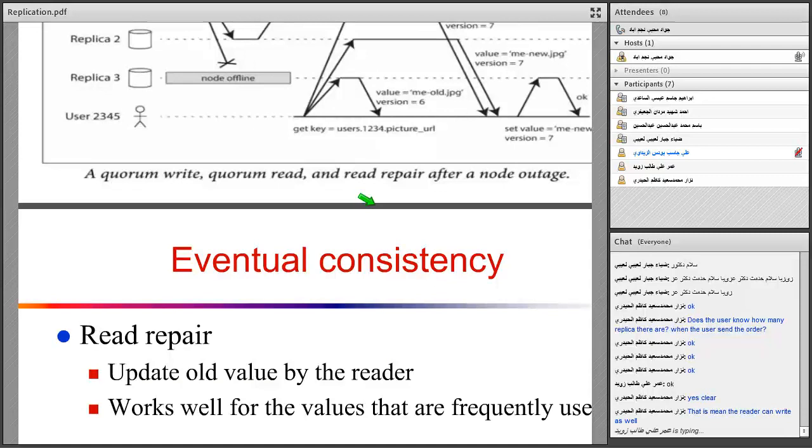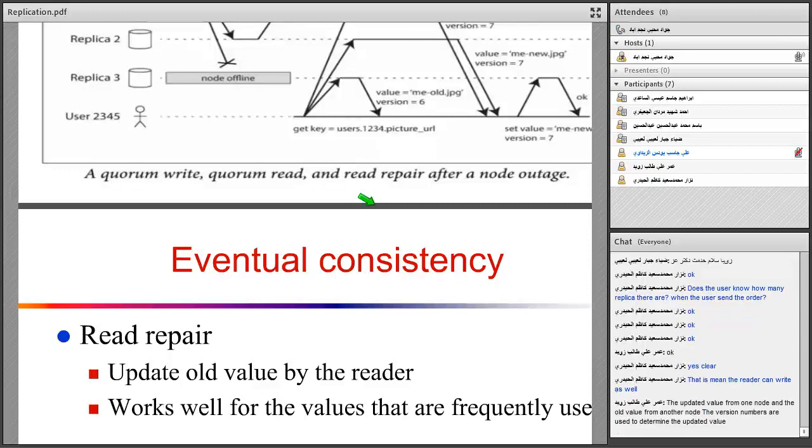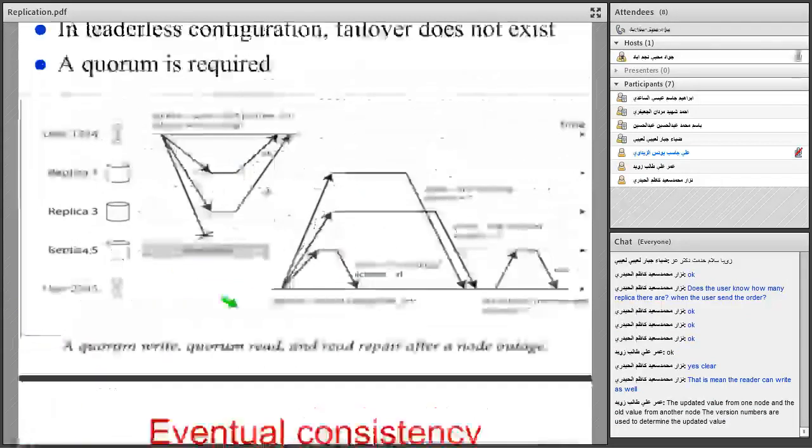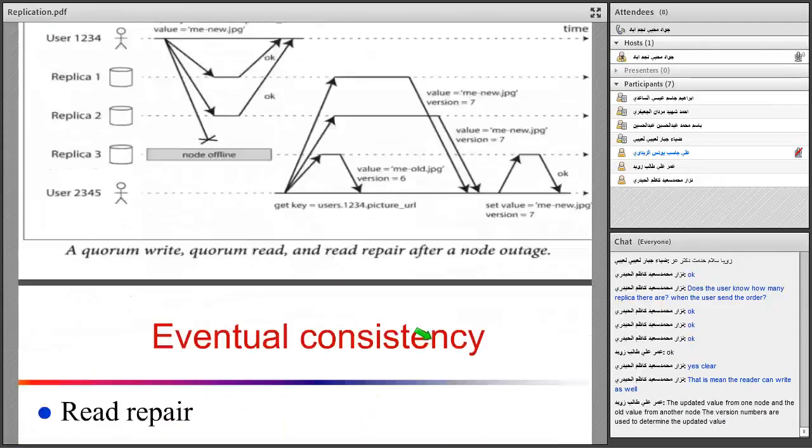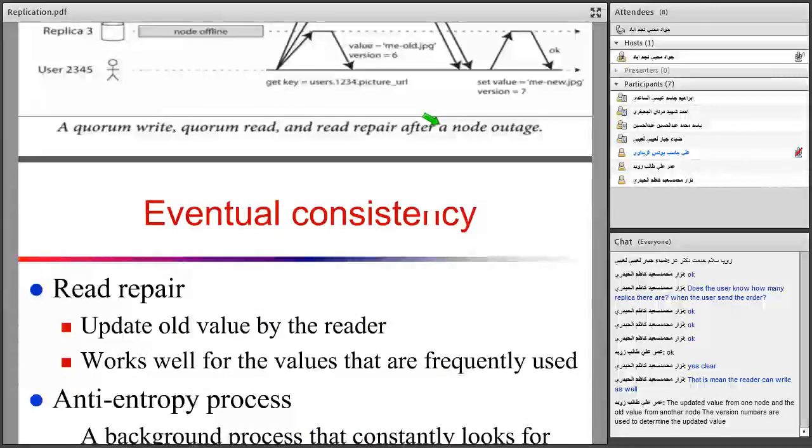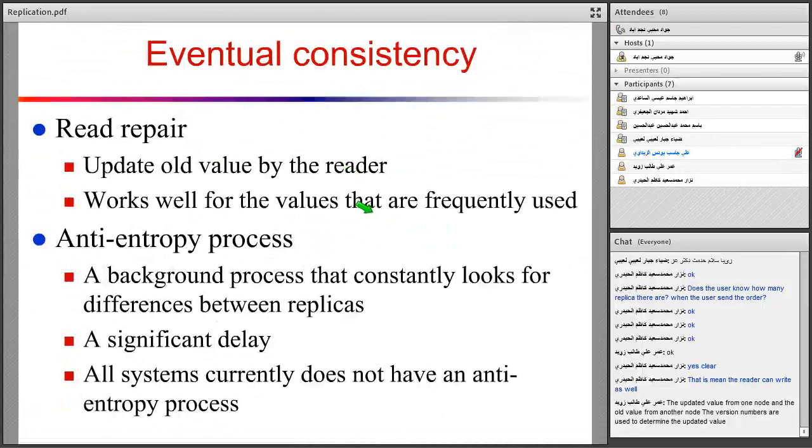So it's a challenge for these values, because we need consistency, and it happens for the values that are frequently used, but sometimes it does not happen for the values which are not used by the readers. Okay, so one technique is presented for this challenge, which is called the Anti-Entropy Process.